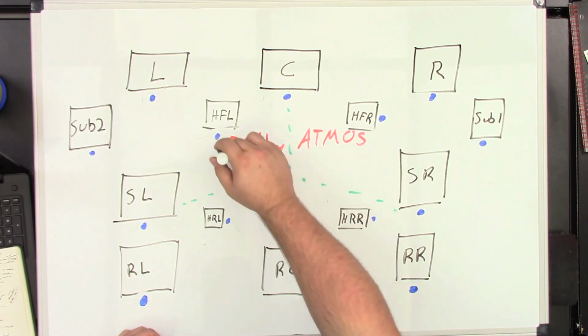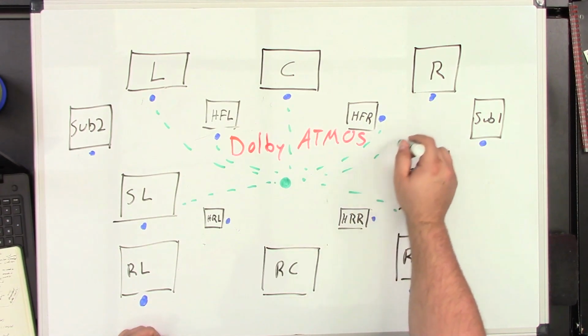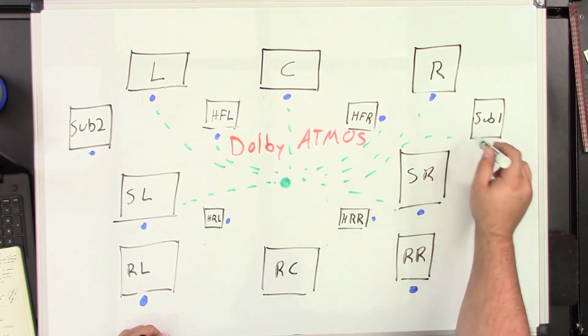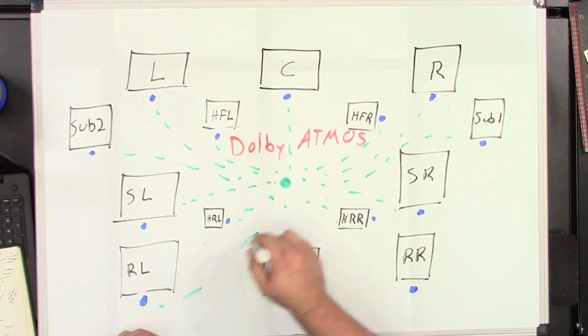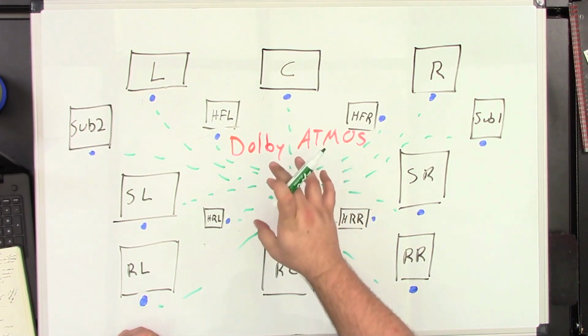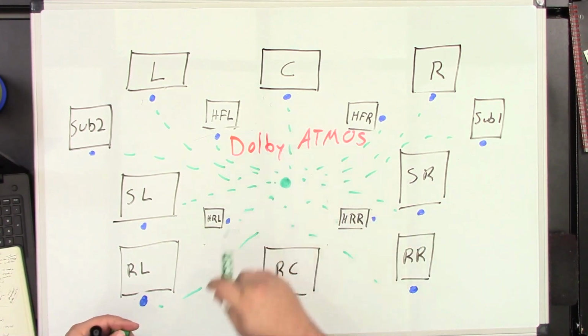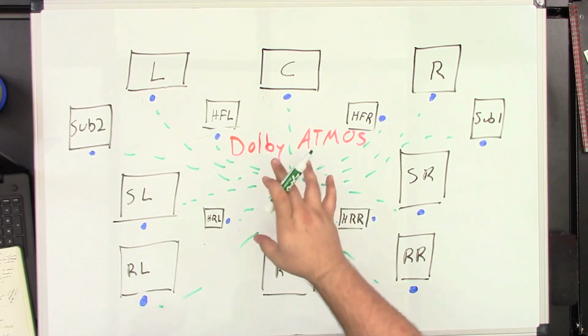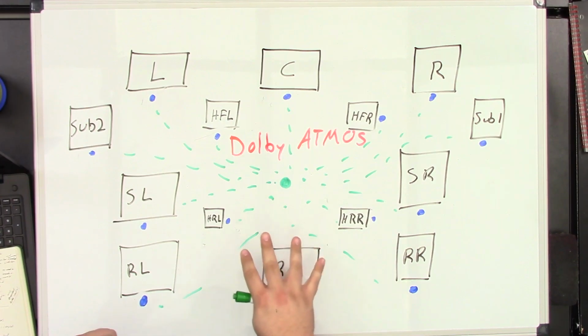So long as we are checking the distance to each one of these, we get a pretty good idea of where everything is, and so we can recreate that 3D world inside of your environment. I say we. The Dolby Atmos system can actually recreate that 3D world inside of your environment. It's amazing the way that it works.